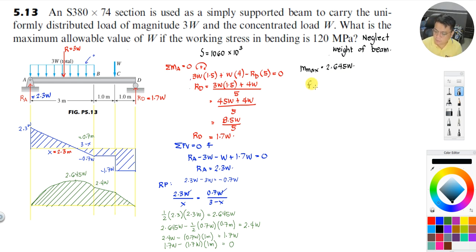Now, from Fb equals M over Sx, I already have Fb, which is 120 megapascal.